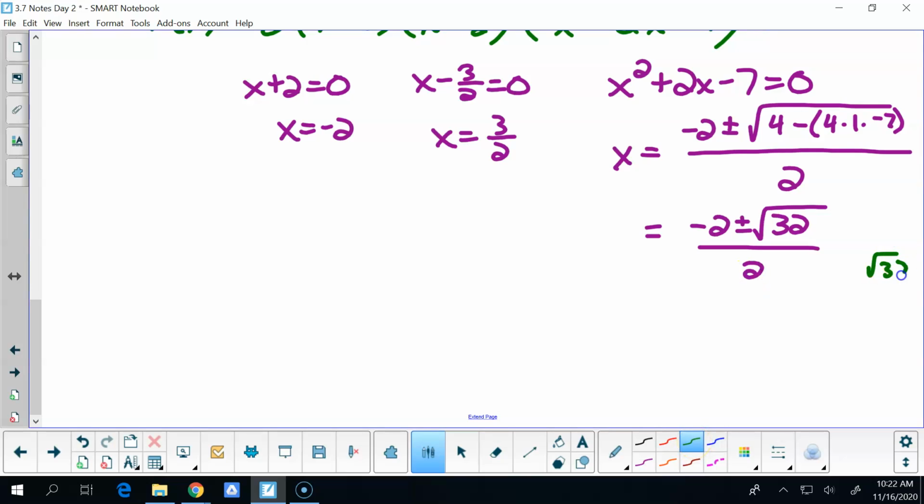Square root of 32 is the square root of 16 times the square root of 2. So that's 4 square roots of 2.